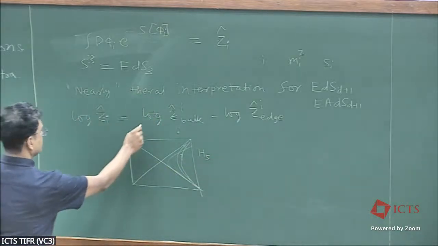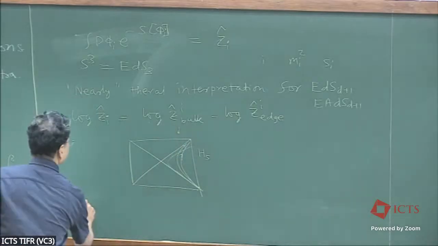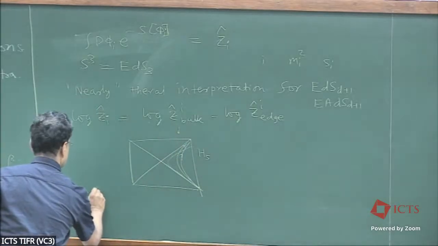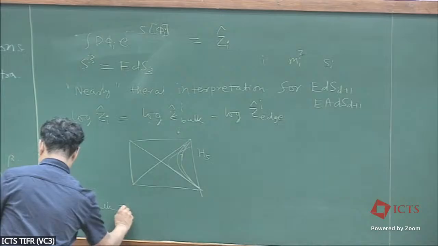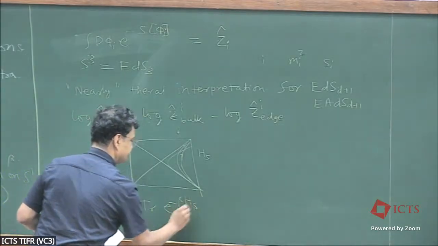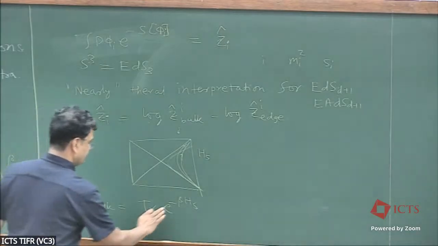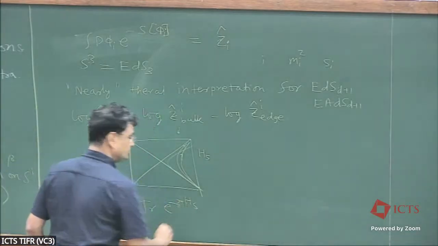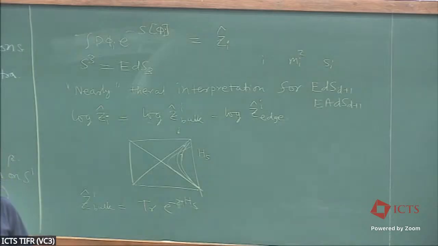And basically the interpretation of this is that Z bulk is a trace over e to the minus beta H, static patch, where beta is 2 pi, as we know, in appropriate units.